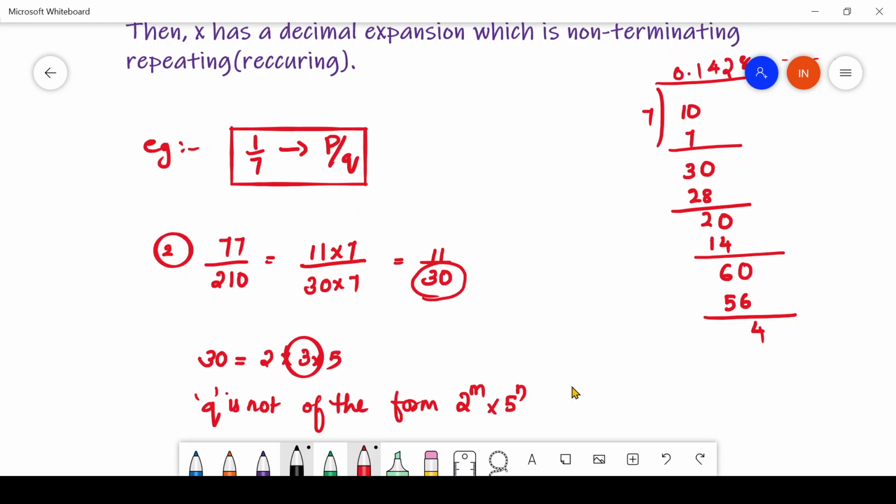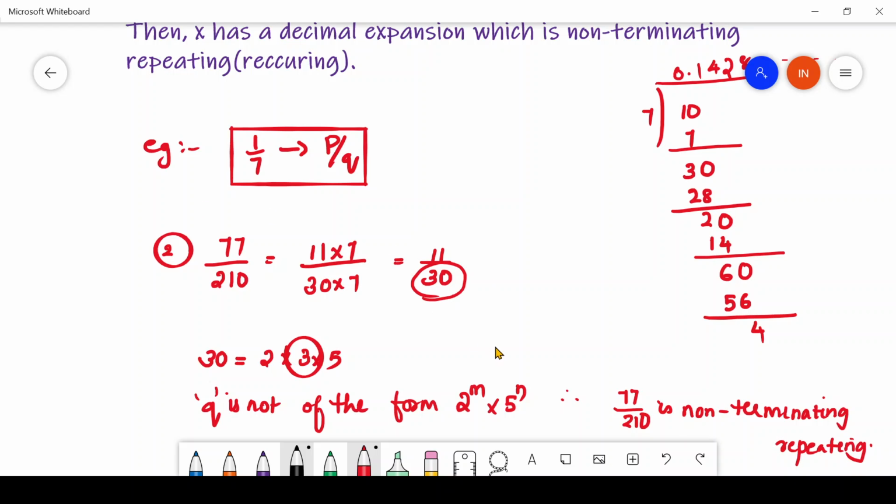Therefore, the decimal expansion of 77 by 210 is non-terminating repeating.